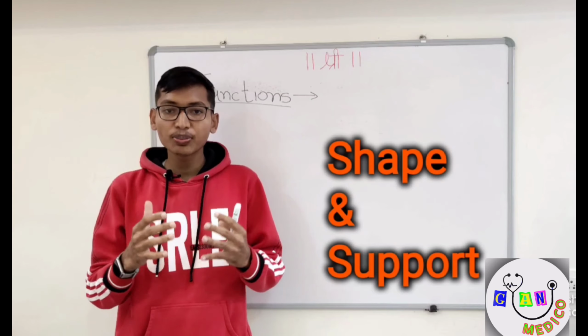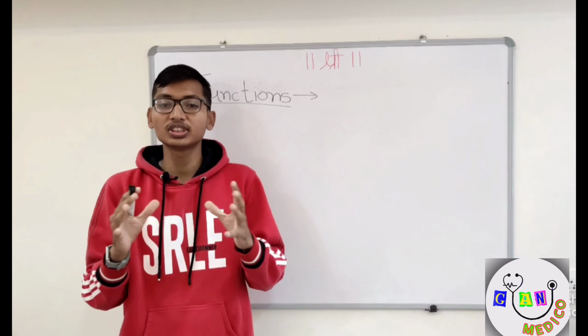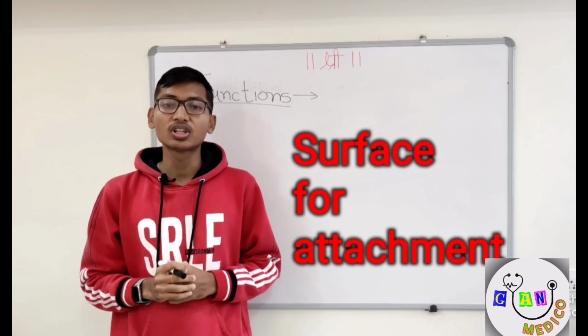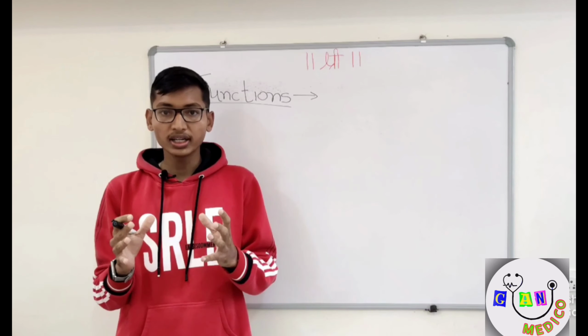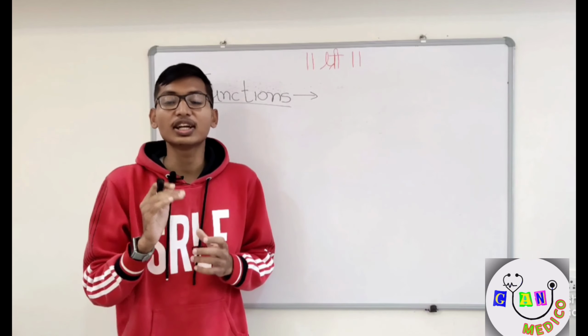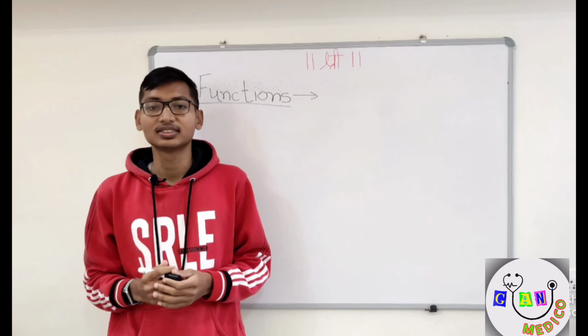The bones provide shape and support to our body and they can also resist some of the stresses. Second, surface for attachment. The bones provide the surface for the attachment of muscles, ligaments as well as tendons. Third, act as levers. The bone acts as levers for the muscular actions.